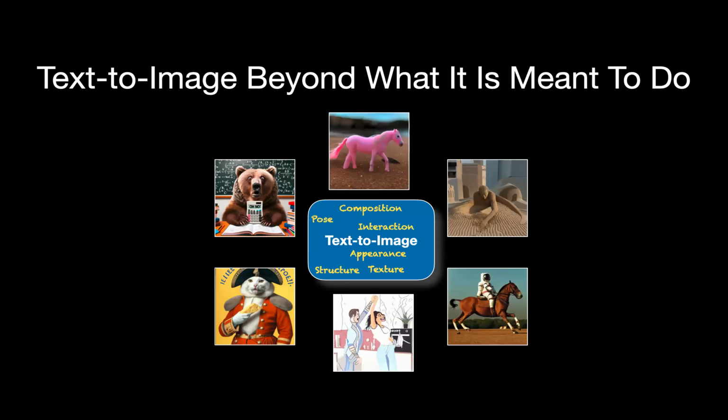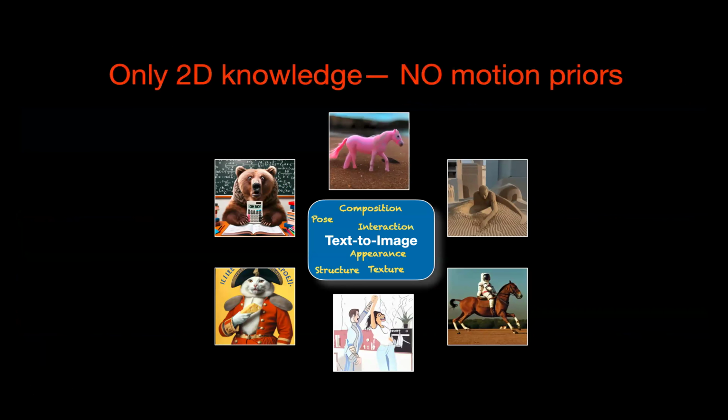Okay, so text-to-image models are amazing, but if we really want to model our dynamic world, we need motion priors. And this is something text-to-image models cannot provide us. We need priors about how things tend to move in the world, their dynamics, and I wanted to move beyond just having 2D priors.